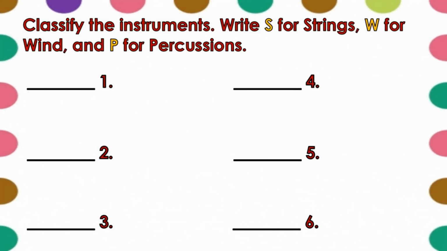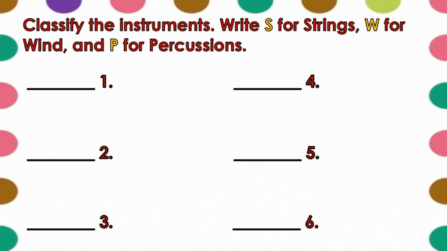Now let's identify the following instruments. Classify the instruments. Write S for strings if the instruments are string instruments, W for wind if the instruments are wind instruments, and P for percussions if the instruments are percussion instruments.